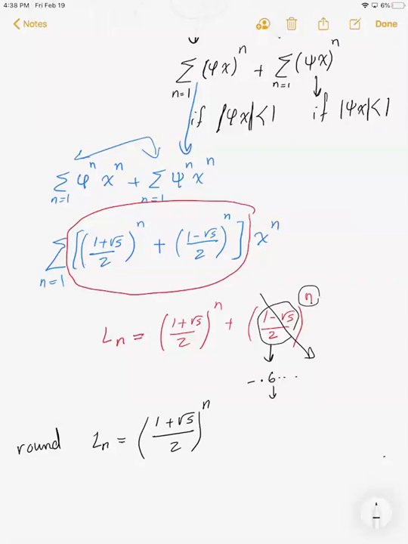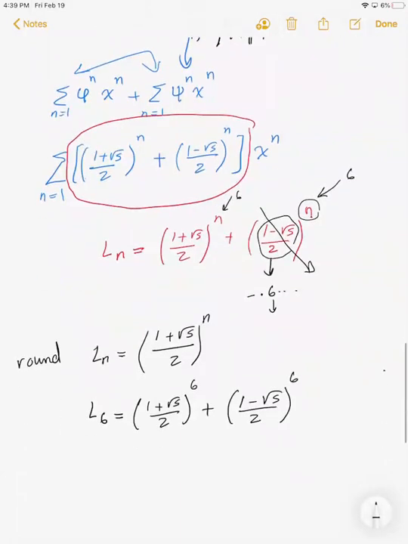So let's say we want to find L6. If I put 6 here and 6 here, we get 1 plus the square root of 5 over 2 to the power 6, plus 1 minus the square root of 5 over 2 to the power 6.